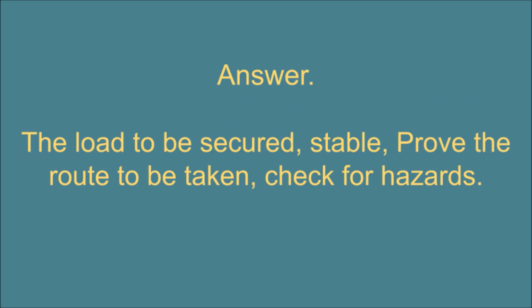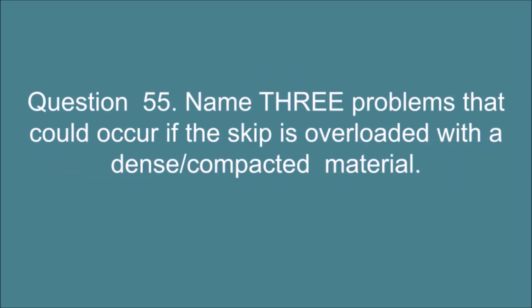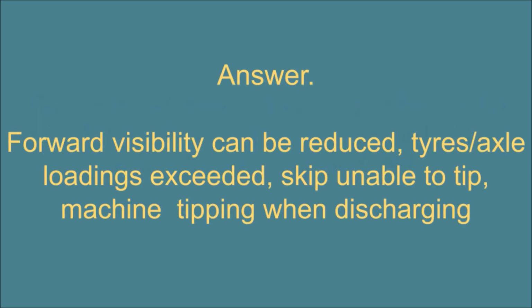Answer: the load to be secured, stable, prove the route to be taken, check for hazards. Question 55. Name 3 problems that could occur if the skip is overloaded with a dense compacted material. Answer: forward visibility can be reduced, tires, axle loadings exceeded, skip unable to tip, machine tipping when discharging.